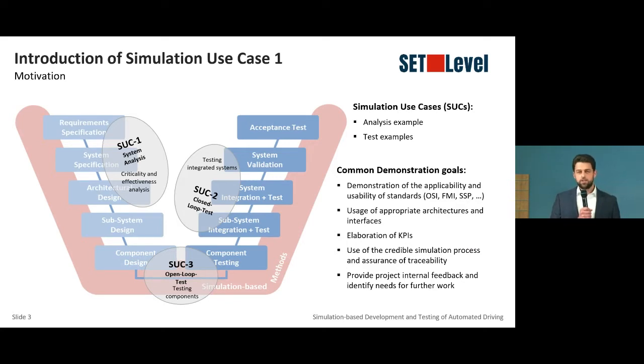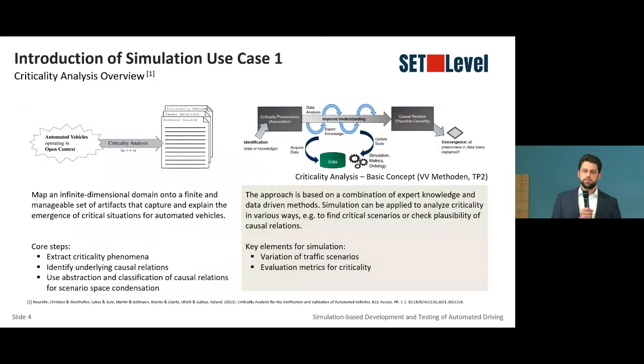But now let's dive into the topic. First of all, I want to take a look at criticality analysis and on the methodological level of such an analysis. Criticality analysis is necessary to reduce complexity, simply said. Well, when we talk about automated driving, we talk about an operational design domain, which is basically the open context.